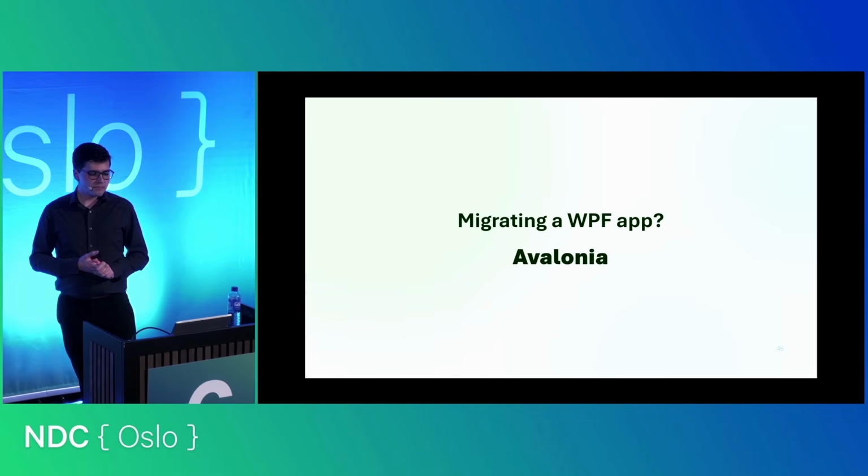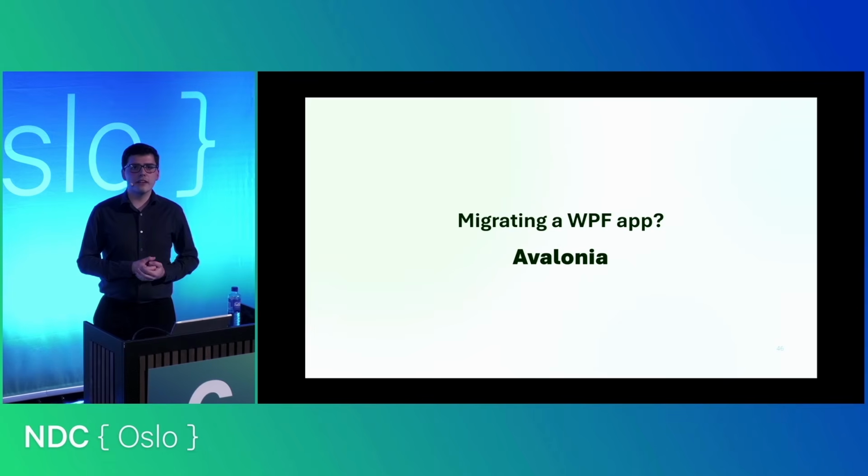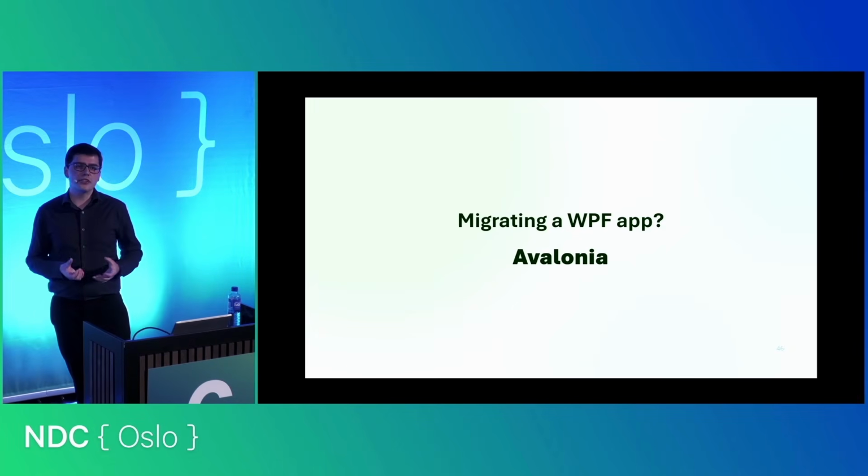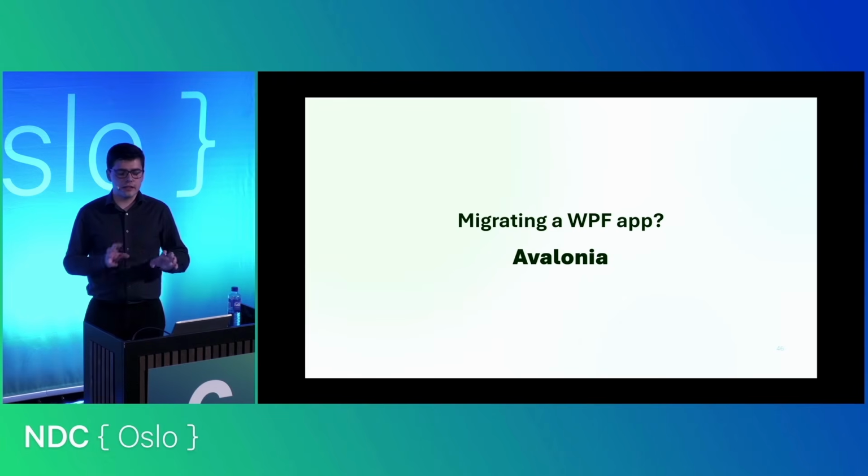I think one of the last cases here, if you already have a WPF application and you're migrating to cross-platform or just want to modernize your app, I would choose Avalonia because you will have the easiest time migrating it, because the XAML and the underlying layers are very similar.